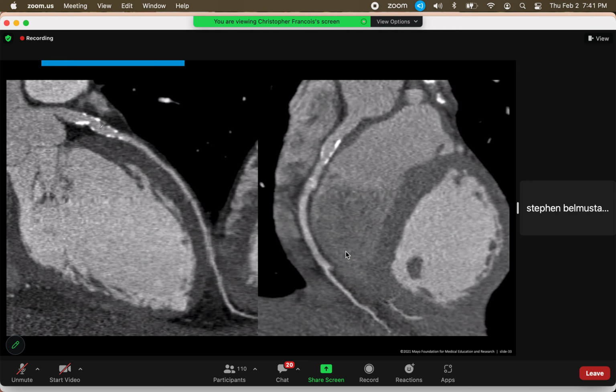So let's see. So yeah, vasculitis, and then something that's a lot more common than vasculitis in Kawasaki's can also give aneurysms is atherosclerosis.